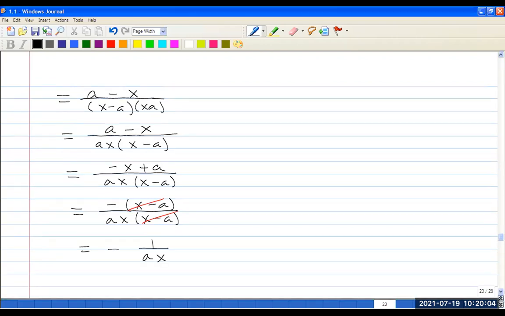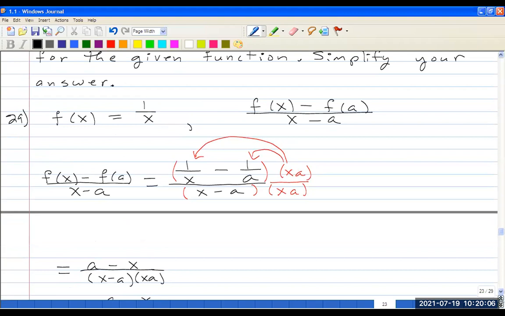Now, of course, I should say here, I'm assuming that x is not equal to 0, and a is not equal to 0.